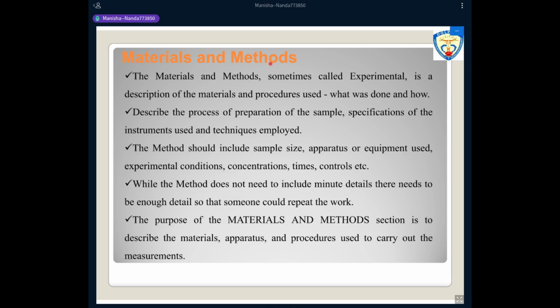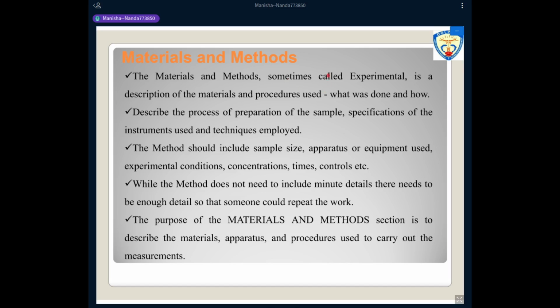So when somebody reads your materials and methods, they get to know how precisely you have designed your experiments and how well coordinated your experiments were. So let's see what we should keep in mind while writing down the materials and methods.